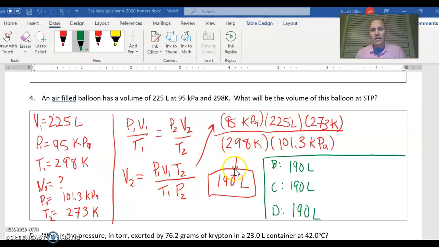Plugging in the values, what comes out of your calculator would actually have a lot more digits than this, but notice it's got 95 kilopascals. That value only has 2 significant figures, so your answer should be rounded to 2 significant figures. I believe that all of the versions had that same answer.